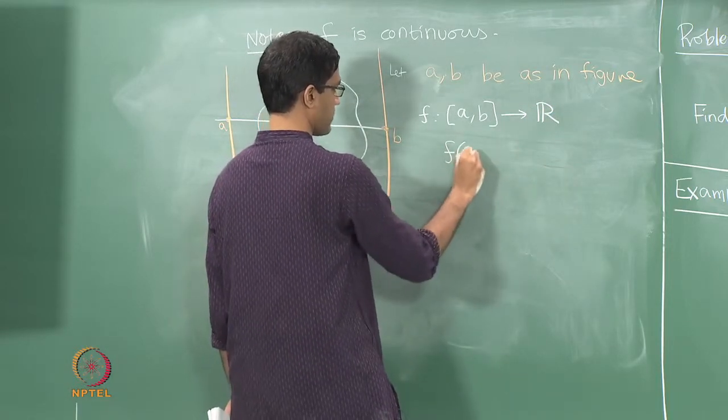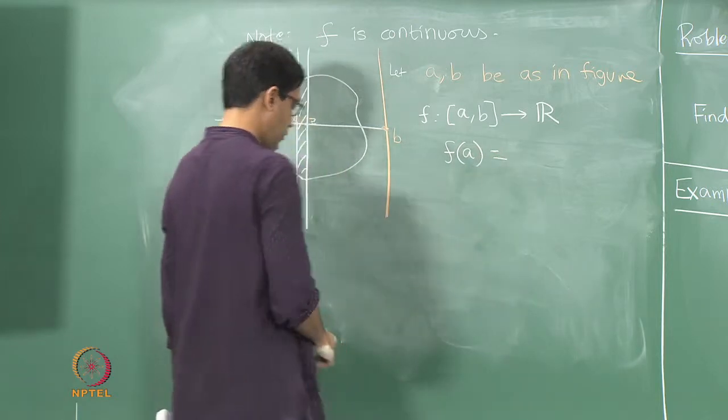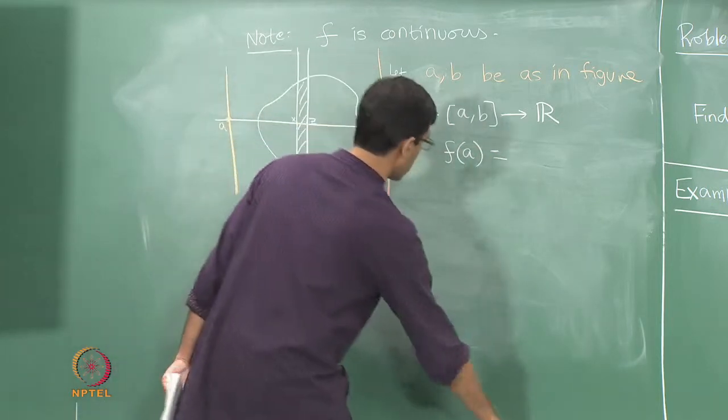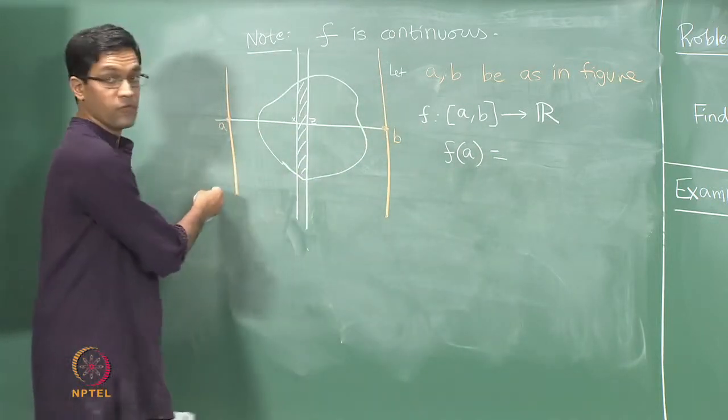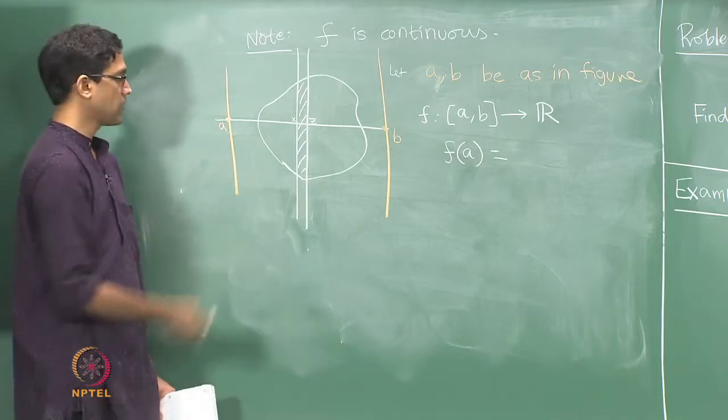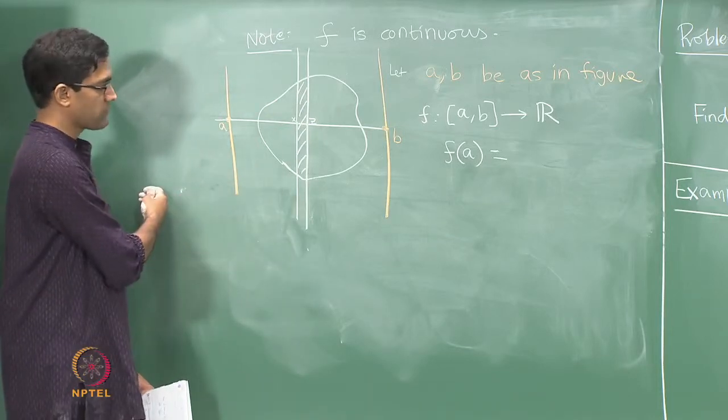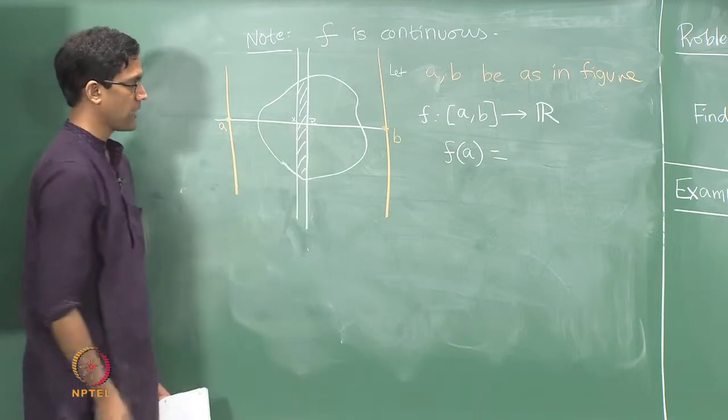Observe that the value of f at a gives me the area to the left of a minus the area to the right of a. There is no area to the left of a, the entire area lies to the right of a.